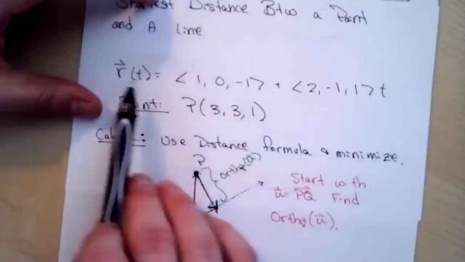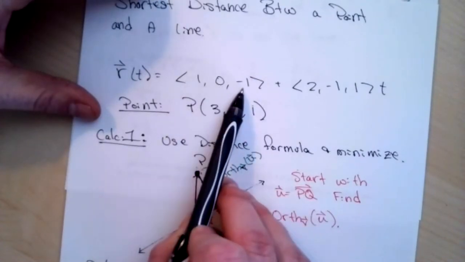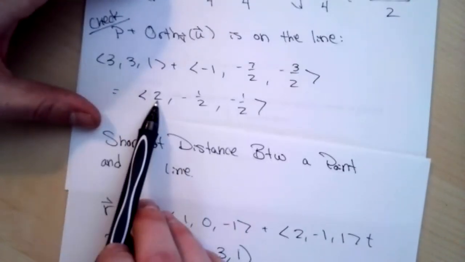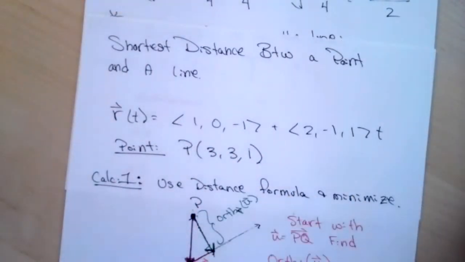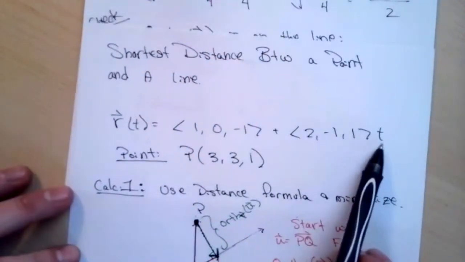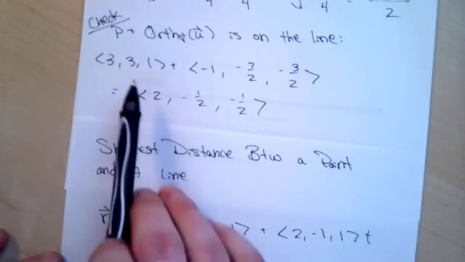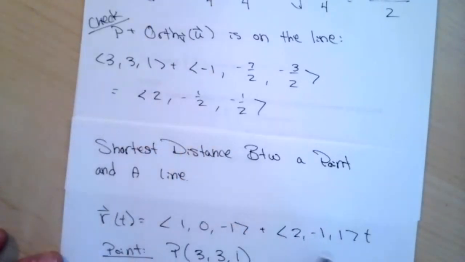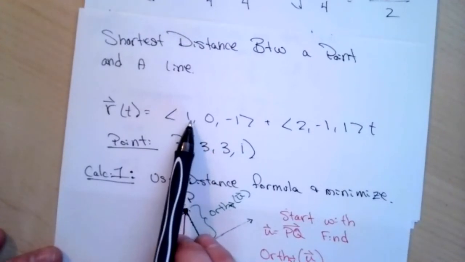Hold up. So here's our line. Our starting point on our line was ⟨1, 0, -1⟩. So if our x coordinate needs to be 2, what's that for our time? I'm not really writing this out formally, but you can now check what time we hit this point. You can get a system of equations in x, y, and z for what our time should be. Let's just talk it out real quick.